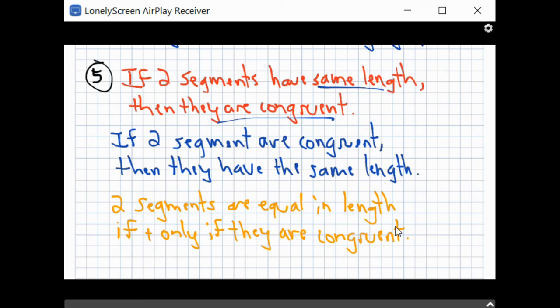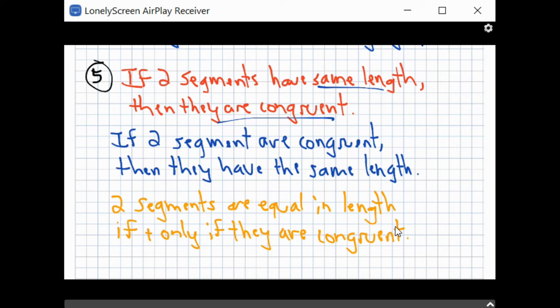They have the same length, which is why this is not only a biconditional, it's a true biconditional, and thus a good definition. And again, just so you know, I could have put the conclusion and the hypothesis in either order. I could have also said two segments are congruent if and only if they're equal in length. So either one would have been fine. The main idea is that you take the two clauses, the hypothesis and the conclusion, and you link them together with the if and only if. It doesn't say to evaluate it, but this is a true statement.